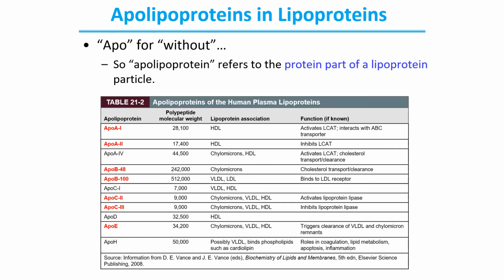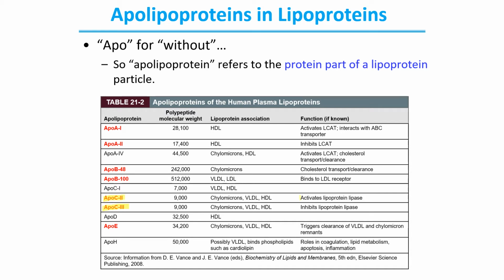So this slide is about the different types of the apolipoproteins. Those are the proteins that cover the lipoprotein particles. So these are of different types and are found in different types of the lipoproteins that we just saw in the previous slide. Some of the important ones are ApoC2 and ApoC3.